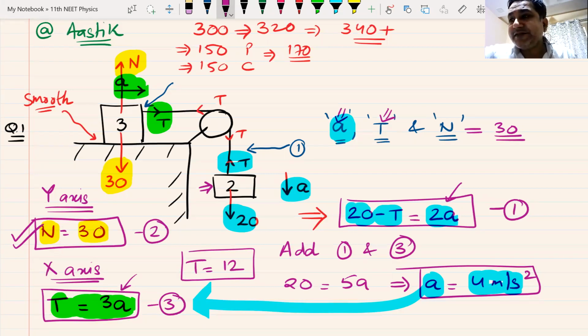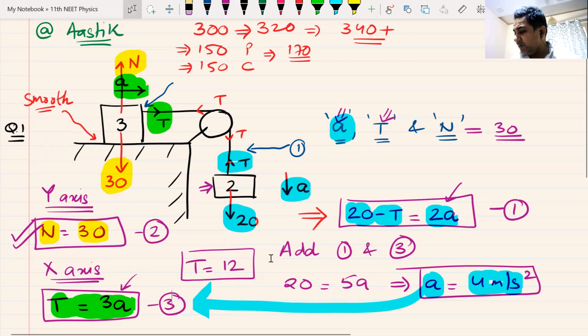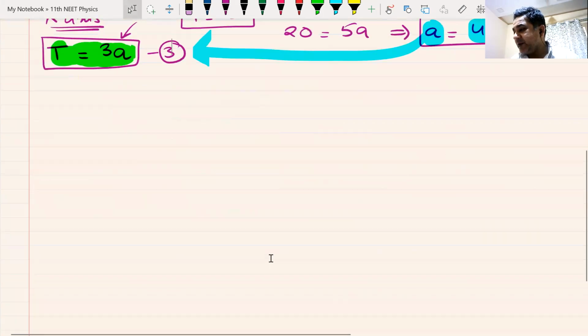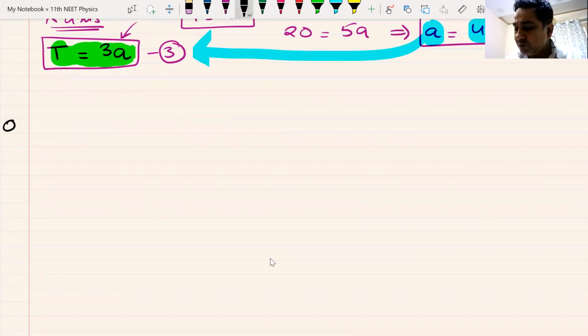Tarun is raising hands. Abhiram also raises hands. If you have done this question on your own, you have done it nicely. Congratulations. Now I'll give you one more on similar lines. I hope you are able to do it.